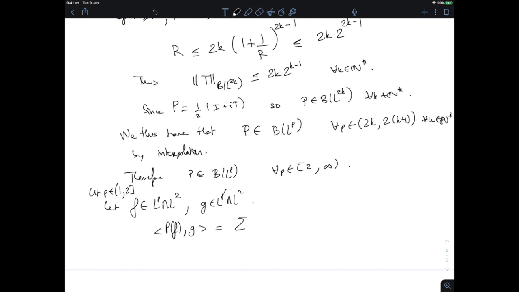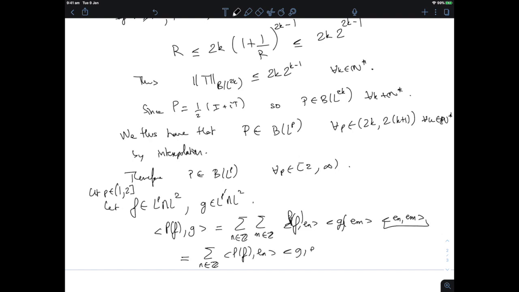This is the double sum, n in Z, m in Z, of <f, e_n> <P e_n, e_m> conj(<g, e_m>). But now, of course, <e_n, e_m>, I have an orthonormal basis. This is 0 unless n is equal to m. So I get the sum for n in Z of <Pf, e_n> times conj(<g, e_n>).